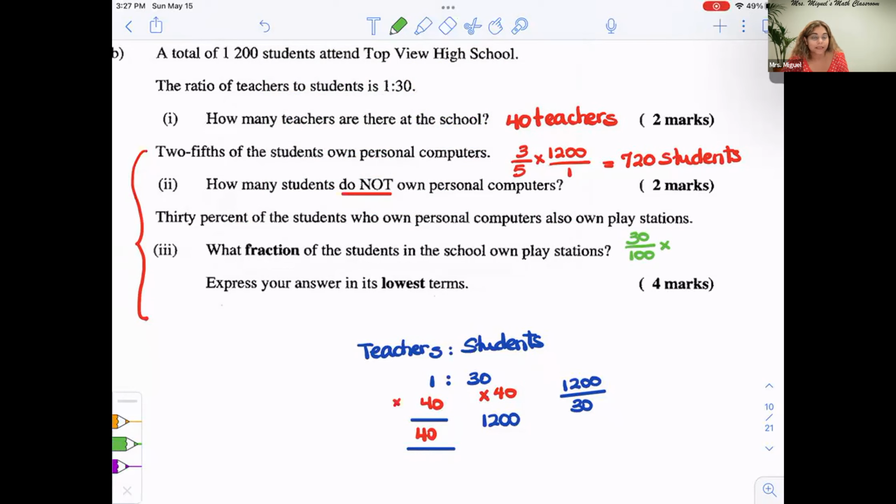Well, 30% of the fraction who own personal computers, and we know 2/5 own personal computers. So 2/5 multiplied by 30%. Work out that and write your answer in lowest terms.